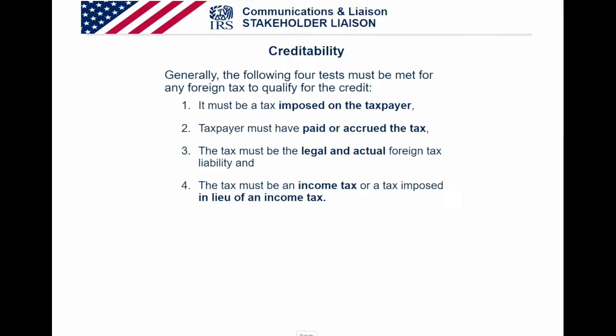In Notice 2023-55, taxpayers may apply Regulation Sections 1.901-2A and 2B as contained under the old regs, which contain the predominant character test. An exception to this relief is for gross basis taxes imposed on the gross receipts or gross income arising from the provision of digital services.